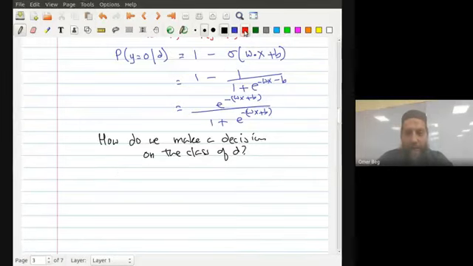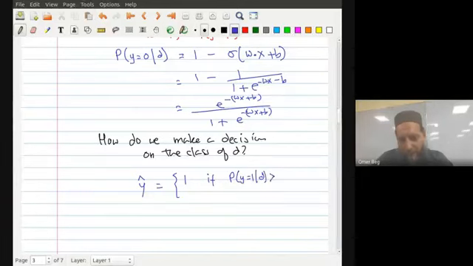So we are going to predict a class y hat, just as we used to predict the class c hat. We are going to say y hat is going to be 1 if the probability of y being 1 given the document is greater than 0.5, and 0 otherwise.